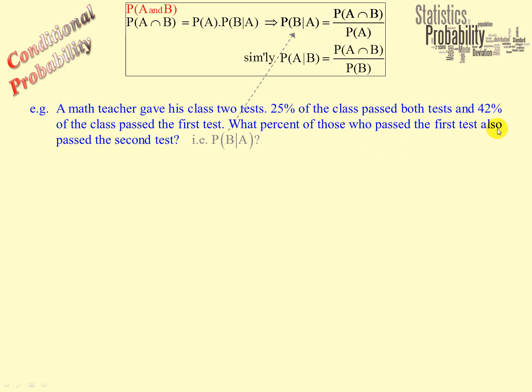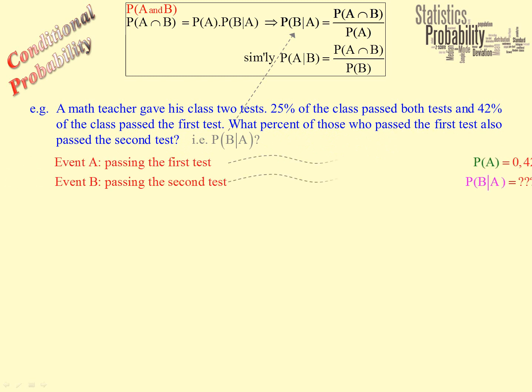What percent of those who passed the first test also passed the second? So what's the probability that a kid in the class passed the second test given that he or she passed the first? So we know that 42% passed the first test, so therefore P of A is 0.42.